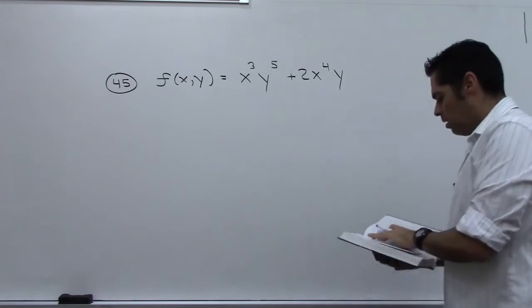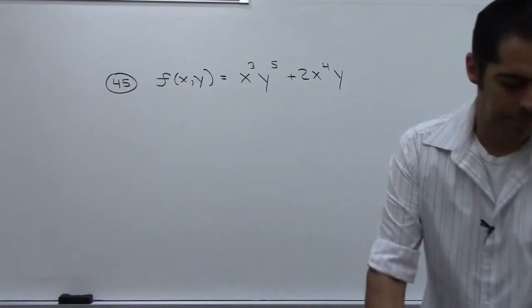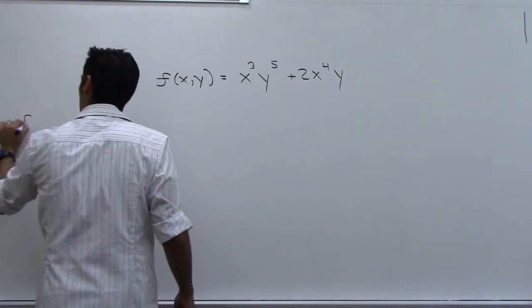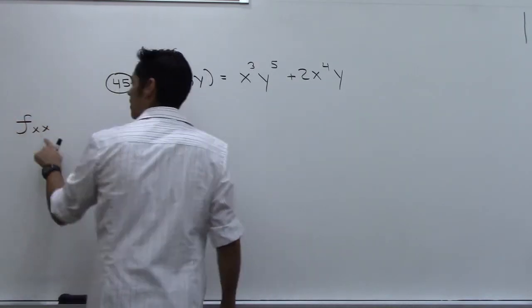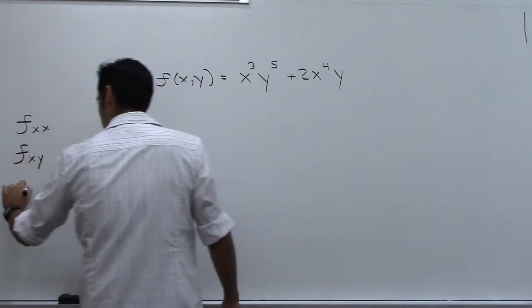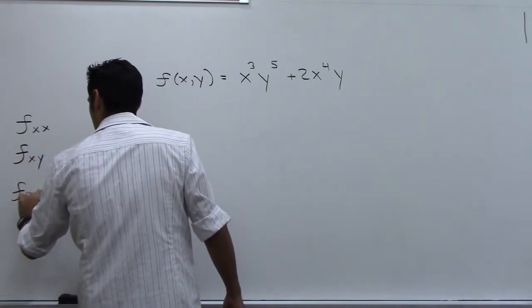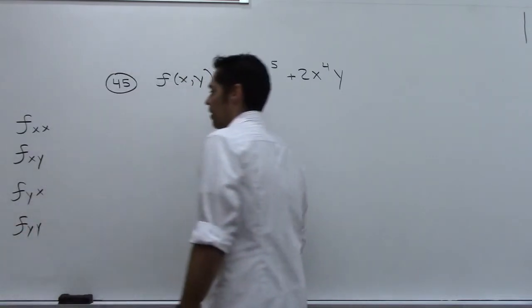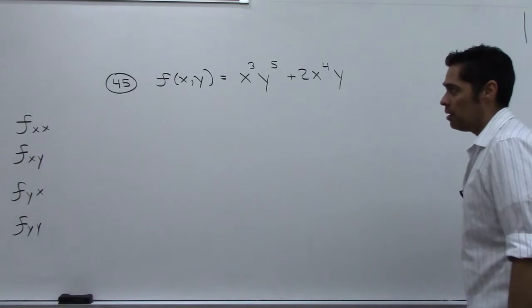We're asked to find all the second partial derivatives. So that means we want to find these four things. Partial of f with respect to x and then x again. Partial with respect to x then y. The partial with respect to y then x. And then the partial with respect to y and then y again. So we want to know what those are.